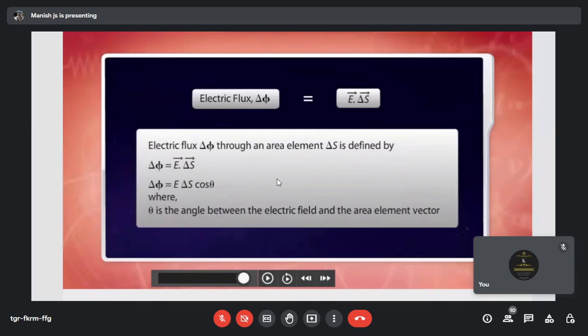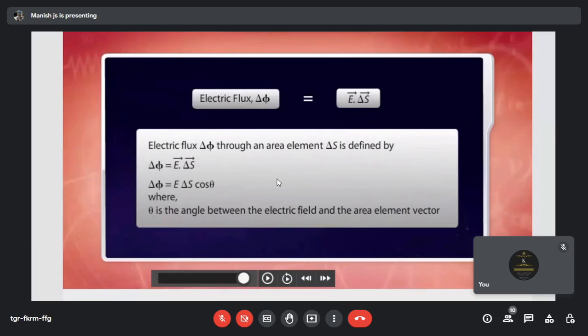So the cos function ranges from 1 to 0. So for theta equal to 0, you will have a maximum electric flux. So that is the condition. So based on the trigonometric function, you will have the magnitude or the maximum condition for electric flux. So what is theta? Theta is the angle between the electric field and your area element vector, the delta S vector. Okay, so that is the idea.